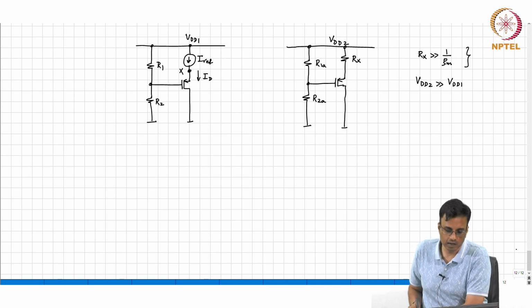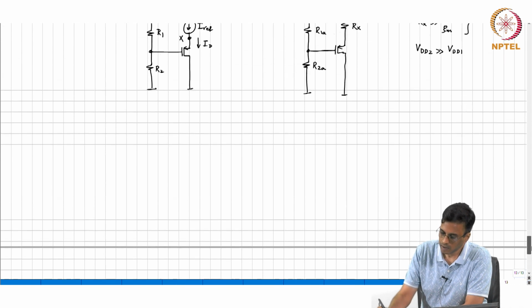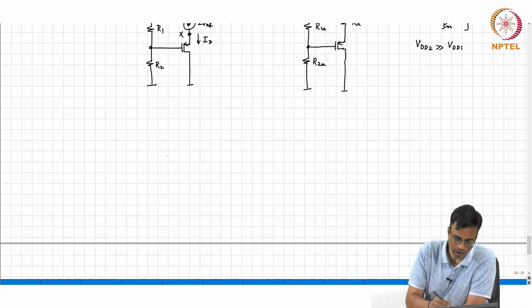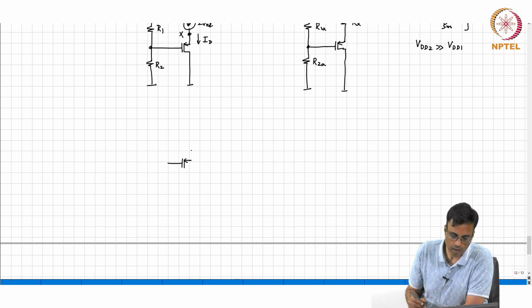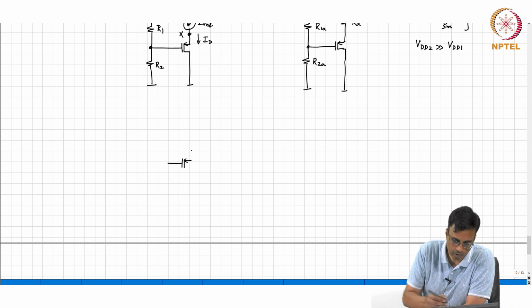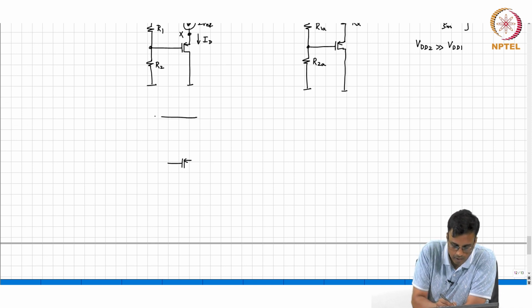Then what is the third? What was the third way of stabilizing the bias? Well, we kept the, what do we do? Measure the drain, okay, let us do that. Measure the drain, the gate is fixed.